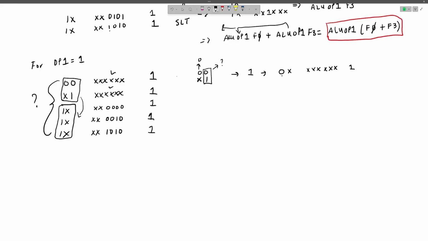So we don't care about it. Because if it's a 1, it's automatically that one. But if it's a 0, then we're gonna force the first instruction. And then we gotta see what's common about these ones.